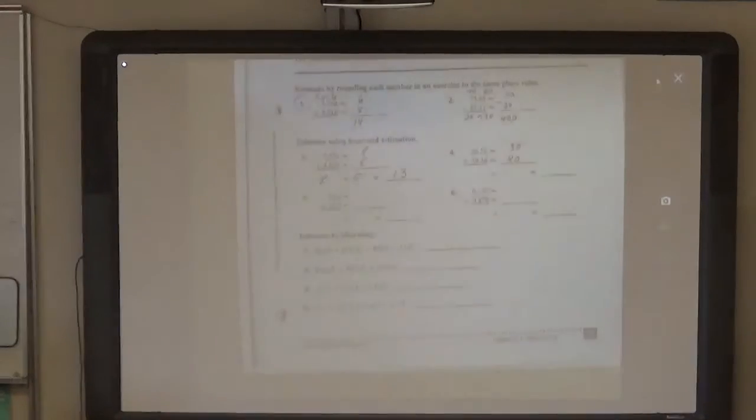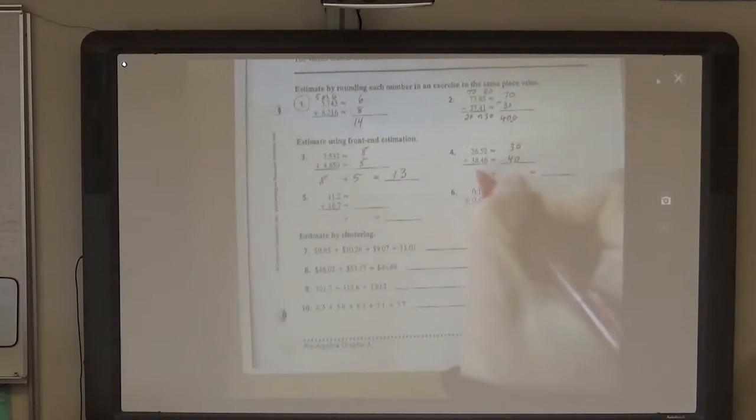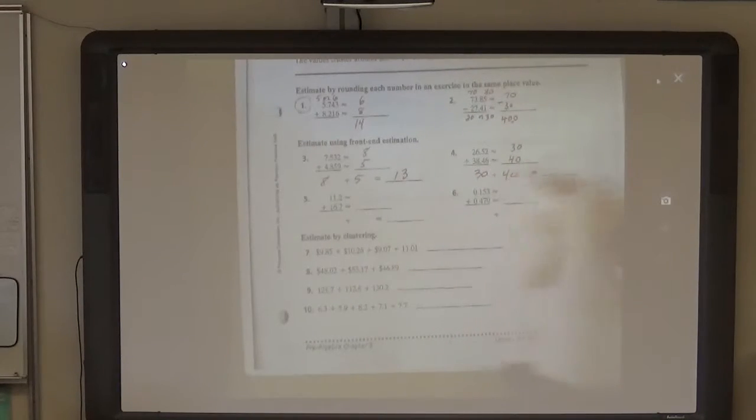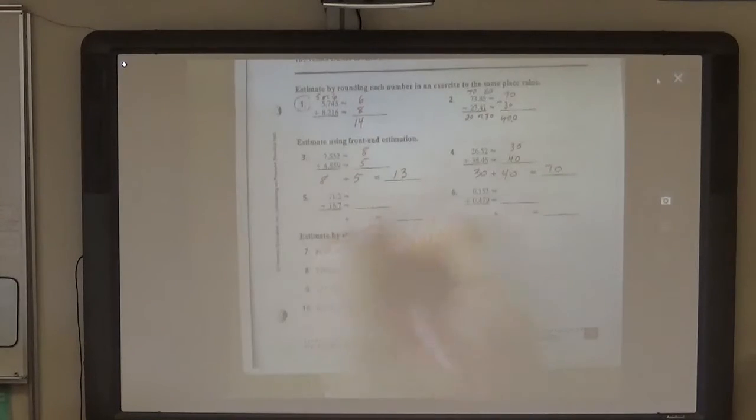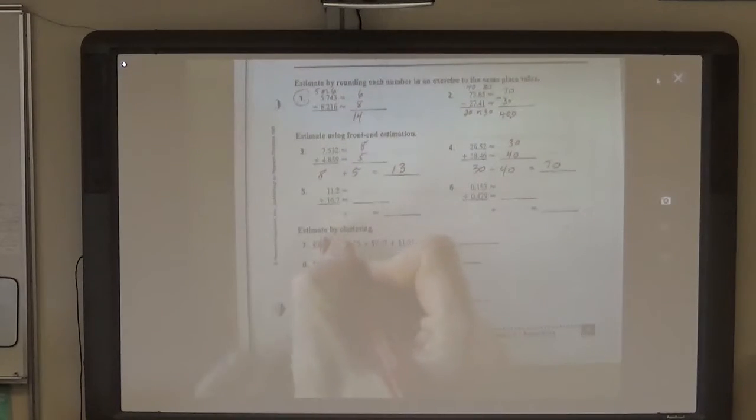So 30 plus 40. Let's go to clustering. What would you round all of those numbers to in number 7? What are they all close to as far as the same number? What's in between all of those? Lydia? 10? That'd be a good estimate. We round them all to 10.